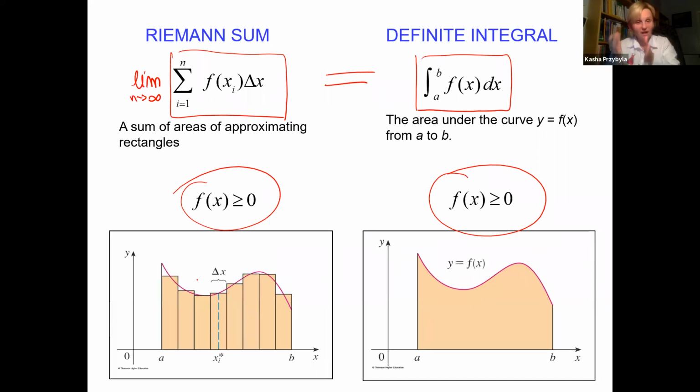Everything makes sense and the areas will be positive, because in this definition we see the value of the function, which theoretically means the height of the rectangle. As soon as the function is positive, the height is positive, and I can call this the area under the curve. That's what the definite integral means. But now, what happens if my function is placed below the x-axis?